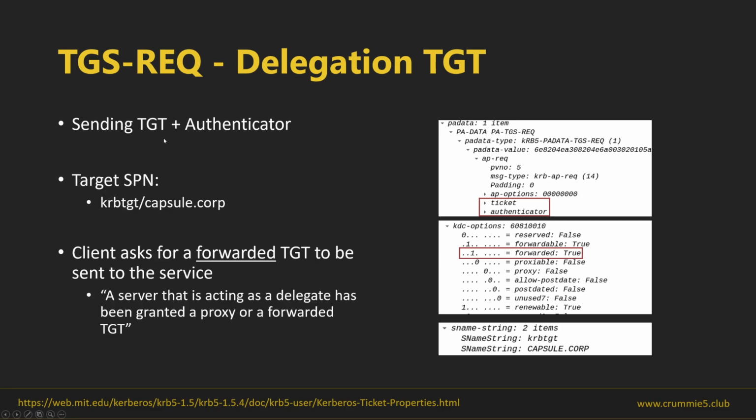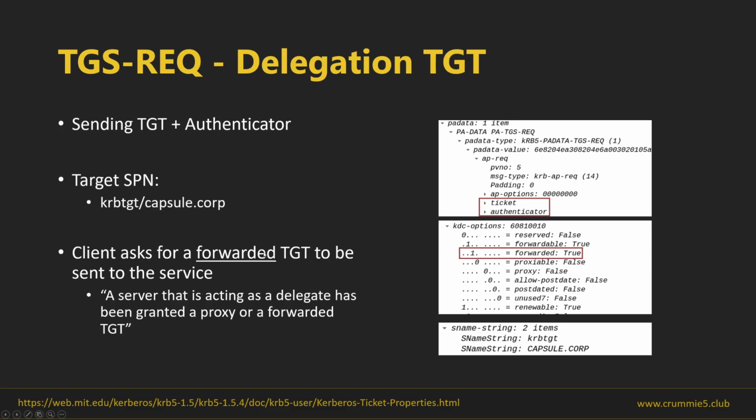Okay, so we can see that this is the TGT, the authenticator, and in this case, the client asks for a forwarded TGT because he wants to send this TGT to the Web01 service.